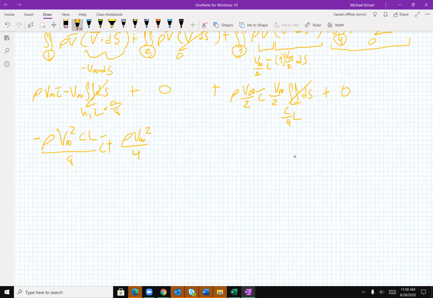I forgot, you can't forget these directions. So rho V infinity squared on 4 times CL on 4 in the I direction, which can be rewritten as rho V infinity squared on 8 times CL.